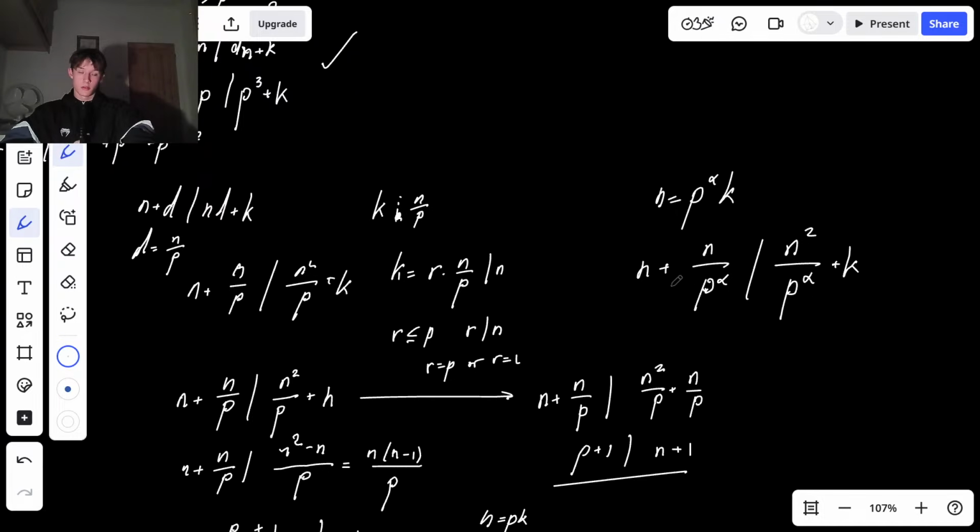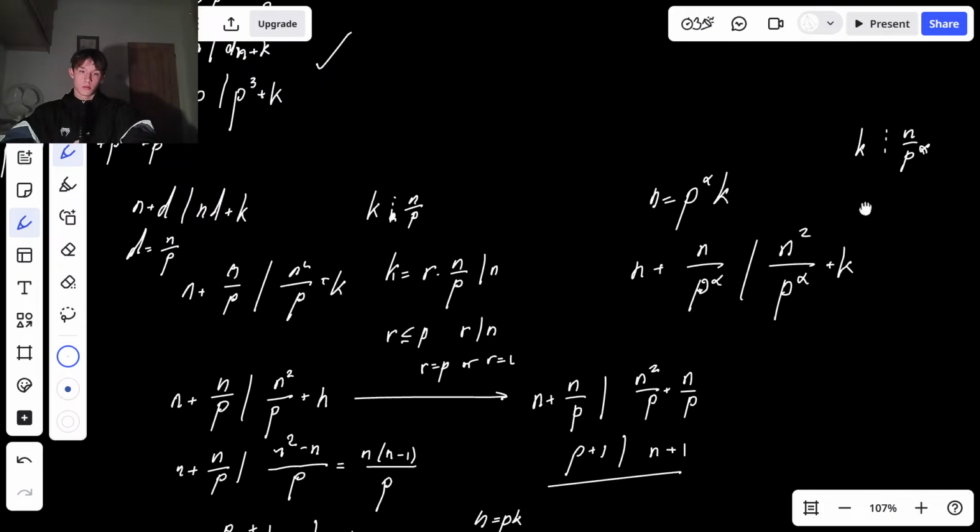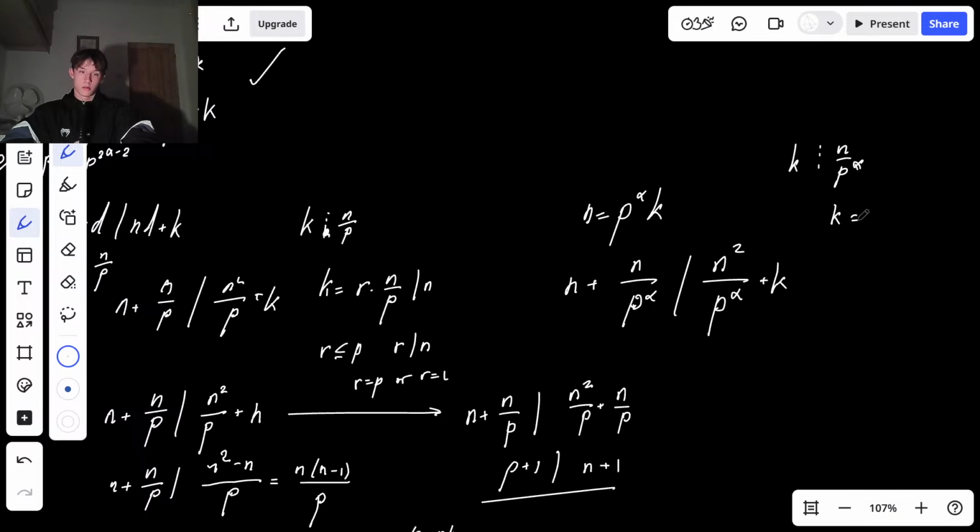This is divisible by n over p to the alpha, this is divisible by n over p to the alpha, so k is divisible by n over p to the alpha. So k would be equal to something like r times n over p to the alpha, and k should divide n, so r should be a power of p.